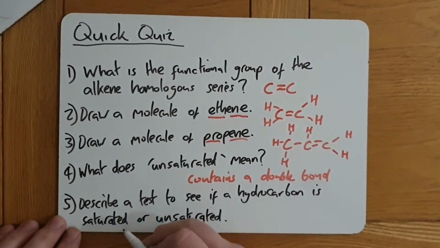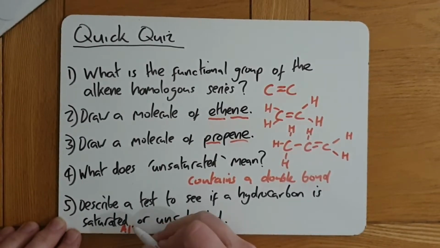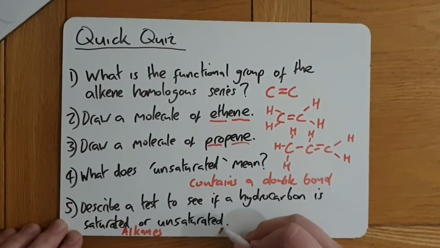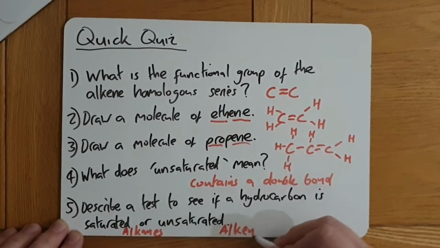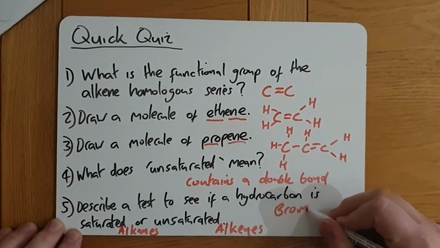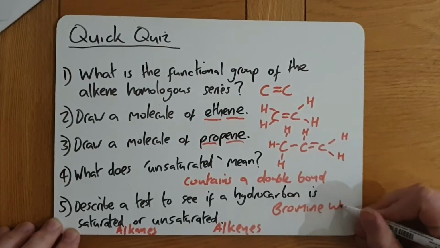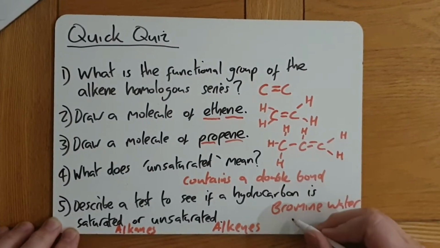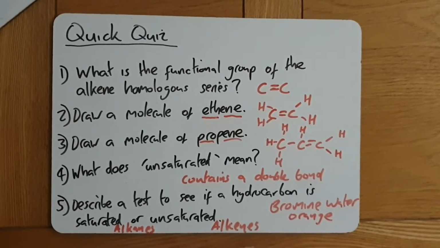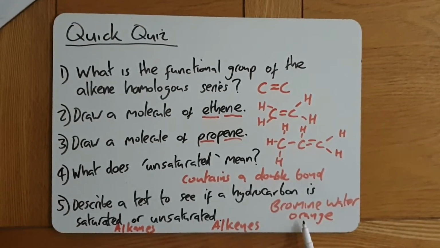So if you remember, saturated, there's no double bonds and they are alkanes. And unsaturated, there is a double bond, which means it is alkenes. So our test is we add bromine water. Bromine water is orange. And with alkanes, it stays orange.